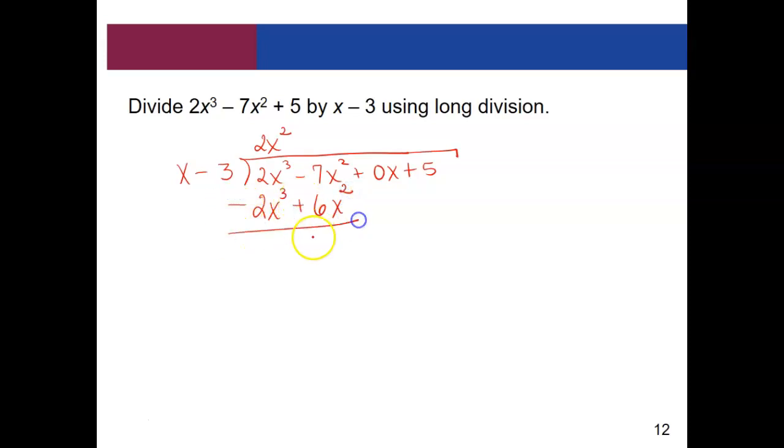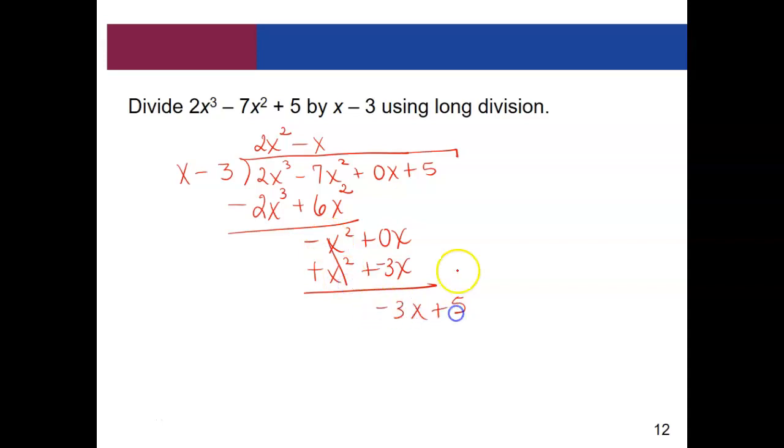Change the signs. Okay, so x times negative x gives me negative x squared. Negative x times negative 3 gives me positive 3x. Change the signs. Okay, I look and my degrees are equal, so it means I need to go one more time.